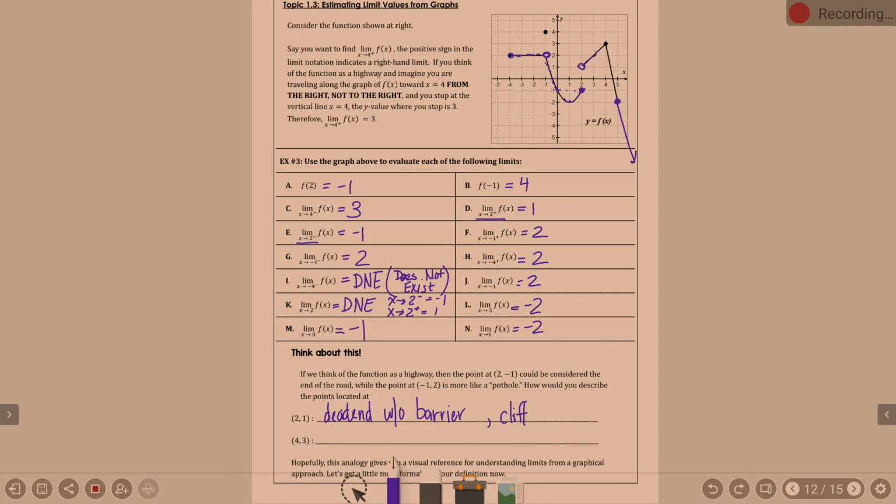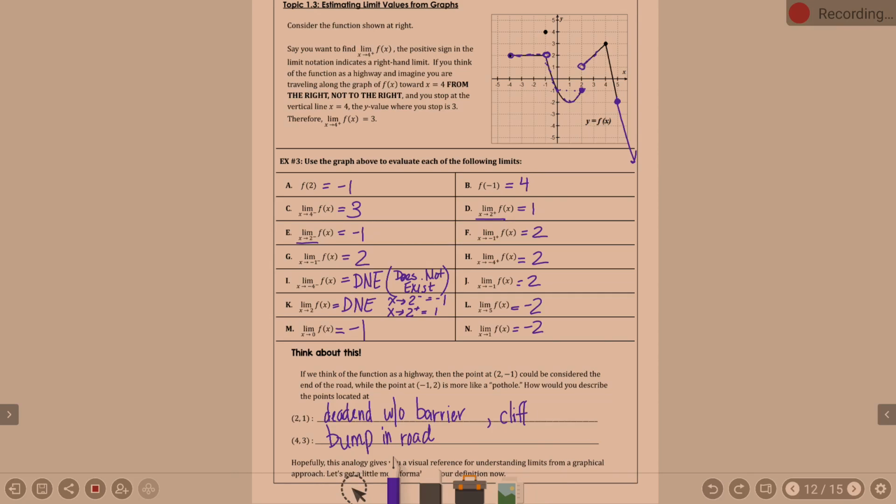Mine is listed as bump in the road because it does continue. It doesn't continue in a continuous fashion. You know, I mean, it connects, but you've got to turn there or something. So detour. As I said, I didn't write these notes, so. Detour. Okay, just some ideas to think about.